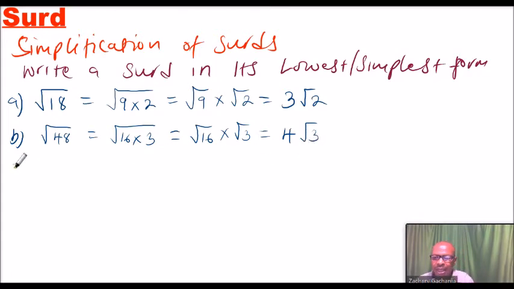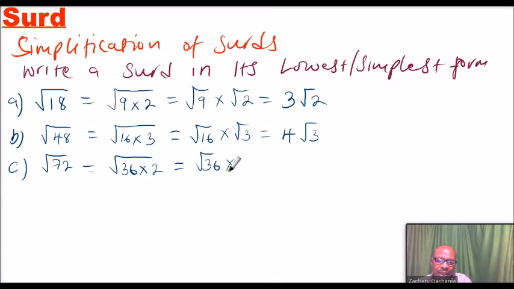Again, we look at C, the root of 72. We can write 72 as 36 multiplied by 2. That will give you 72. And we can separate the root of 36 multiplied by the root of 2, and we know the root of 36 is 6, so we have 6 root 2.